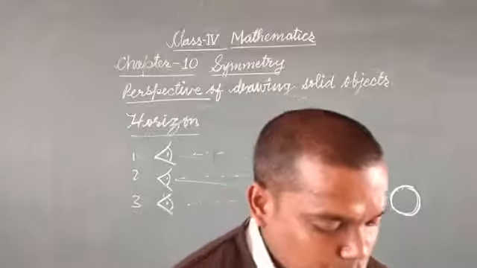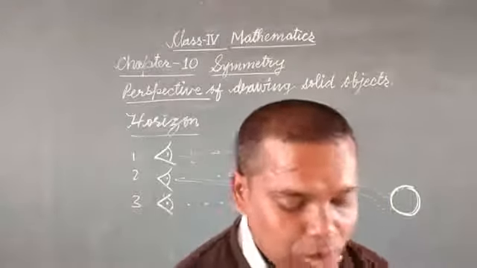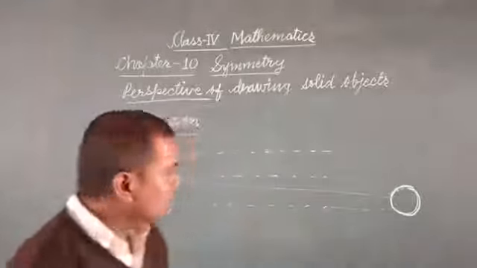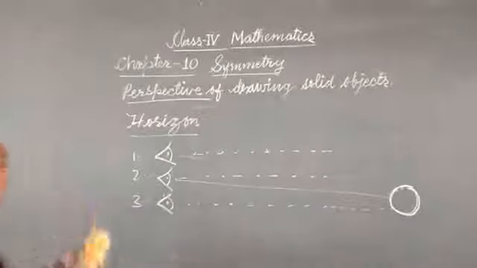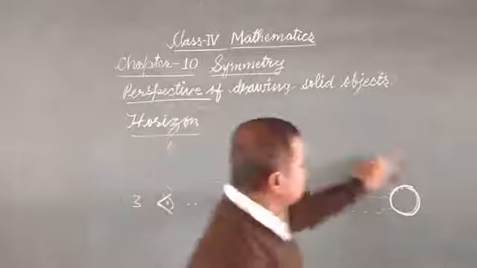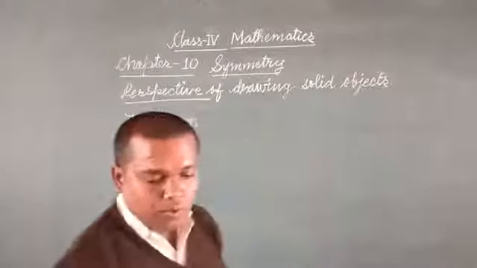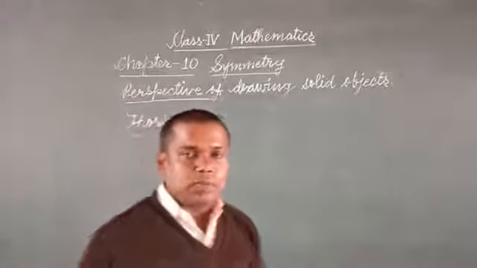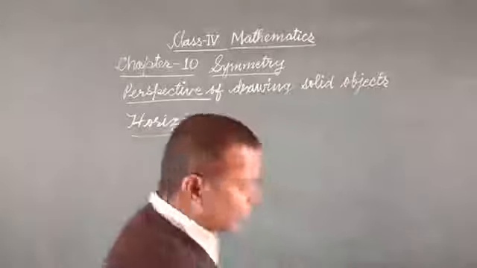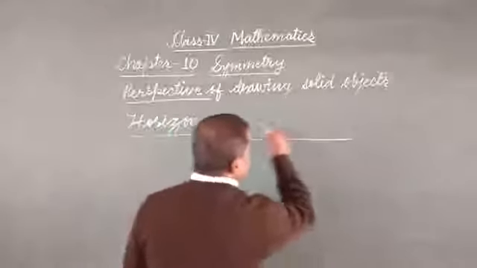Now, perspective of a cube when it lies below the level of horizon. Suppose we are going to see the cubes which lie below the level of horizon. So how will the perspective view be? Suppose this is the level of horizon.